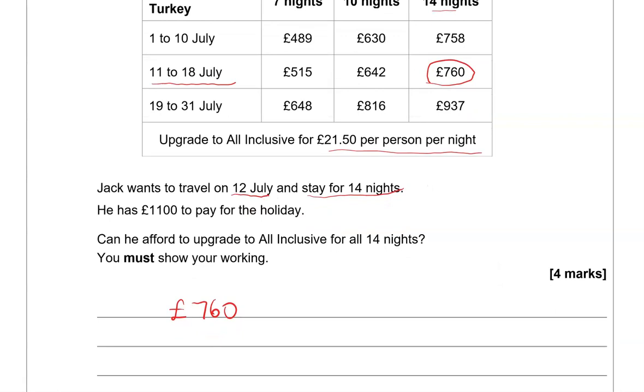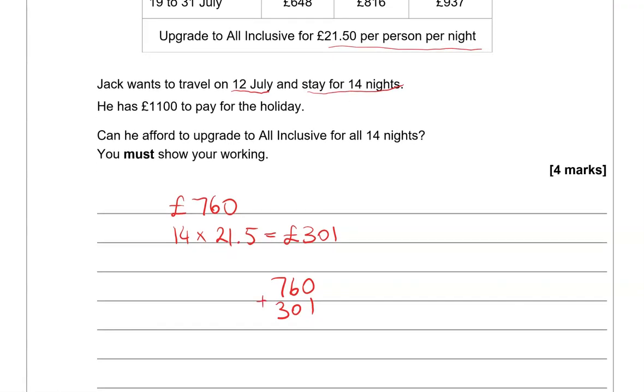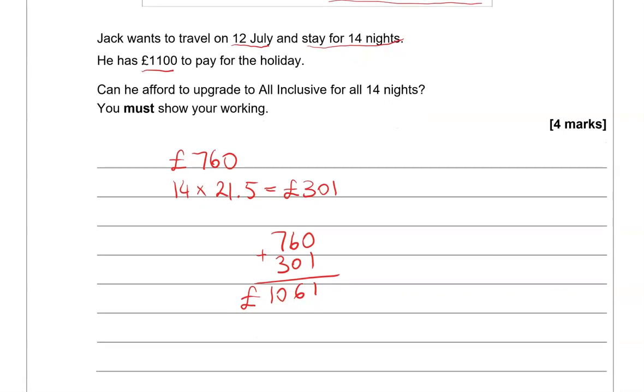We're going to do 14 times 21.5, £301. So adding that to the 760 gives us £1,061, and he has 1,100. So can he afford? Yes, he can.